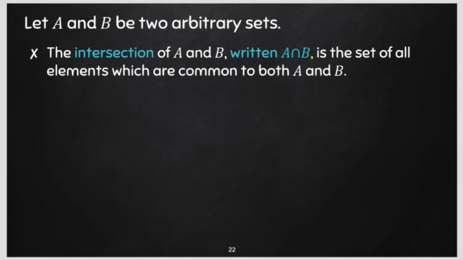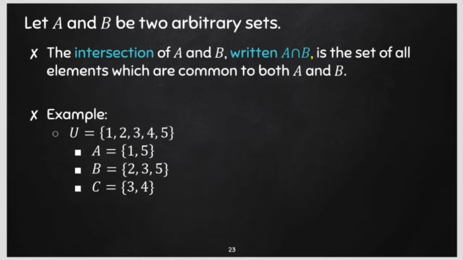Next, we have intersection. The intersection of A and B, written as this, is the set of all the elements which are common to both A and B. So if we have the same example, A intersection B, the common element of A and B is 5.